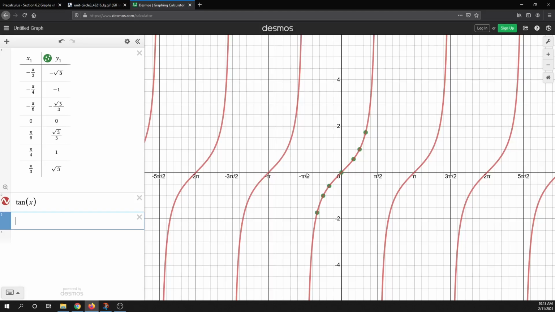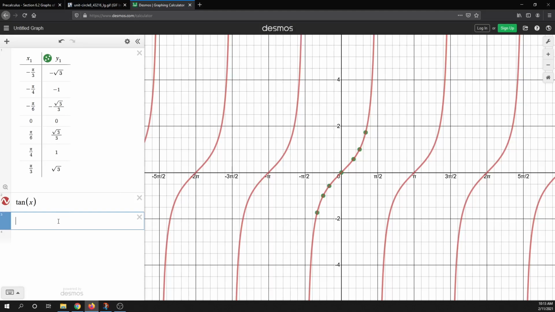And remember, all the trigonometric functions are periodic. So you can see right here, if we start at minus pi over 2 like we did before, one complete cycle of the graph goes from minus pi over 2 to pi over 2. Then a new cycle starts up and starts repeating itself right here.